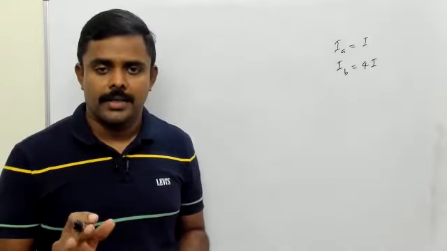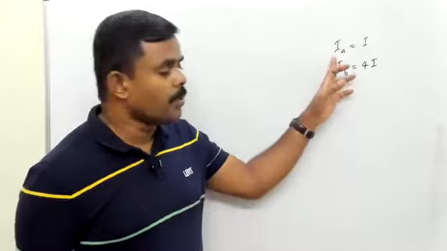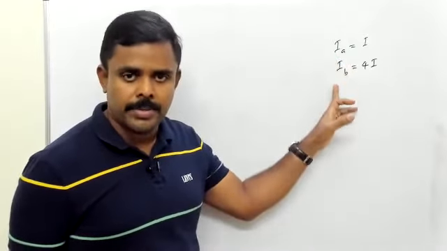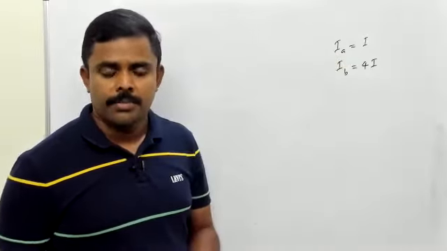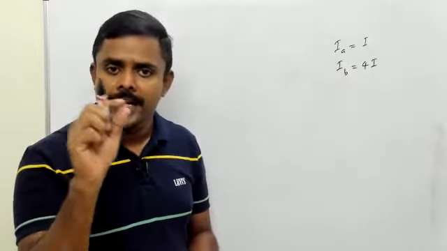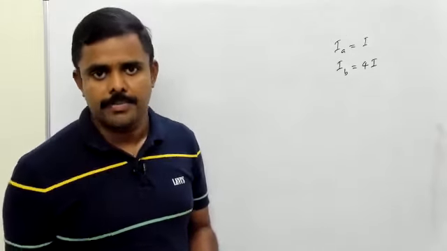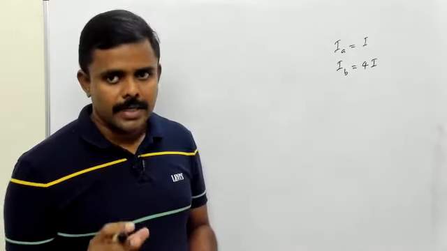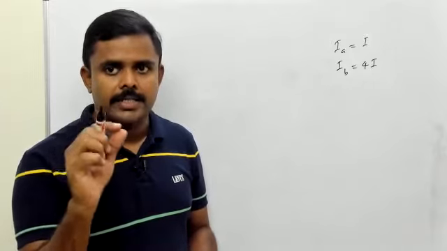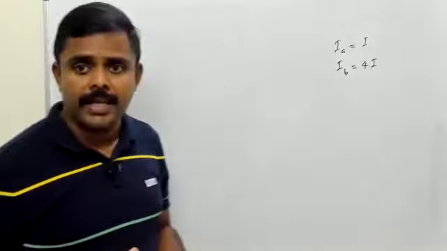If not given in the question, you can take both IA and IB as I itself. Why? Because the slits are usually identical in size. If the slits are identical, the intensities will be the same. But here they have specifically given different intensities.